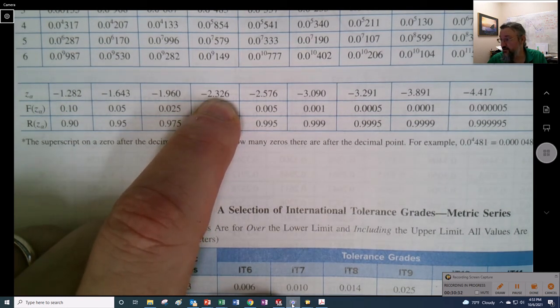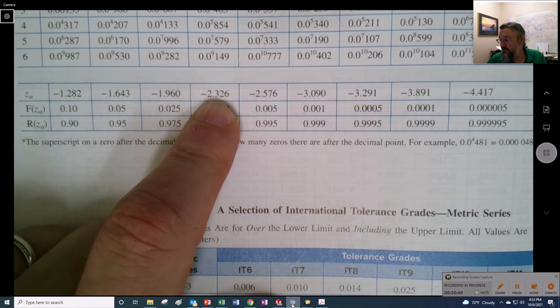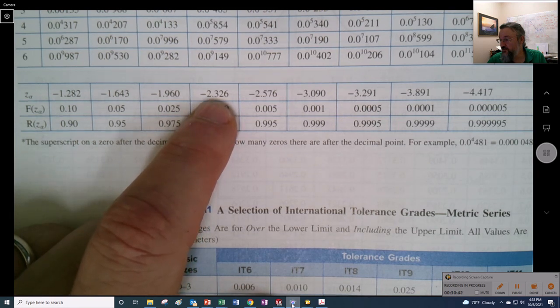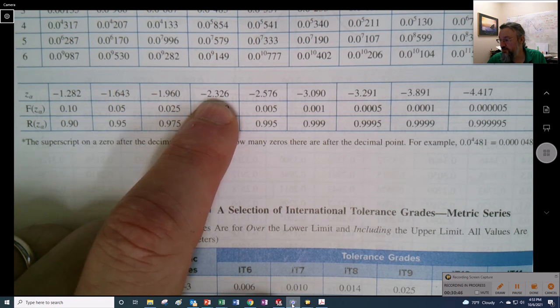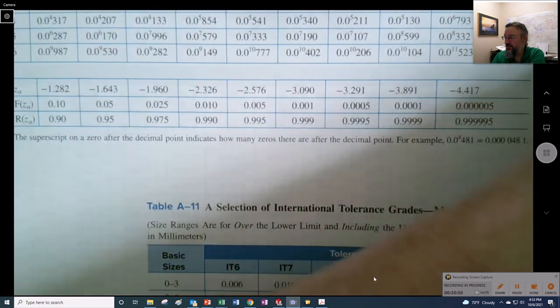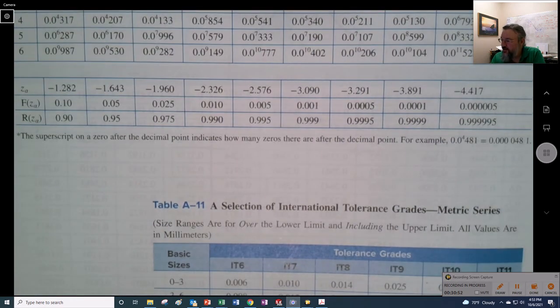Did I get that right? Let me see, Z for 99%. I don't see that calculated anywhere.